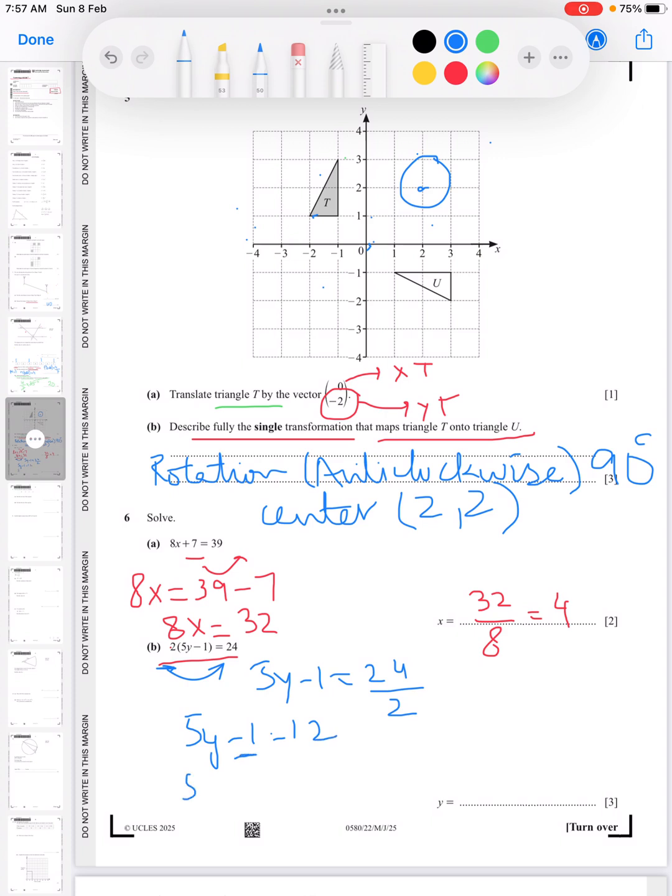Here minus 1 is subtracting, so when it moves to the other side it will add. So 5y equals 12 plus 1, and we get 5y equals 13. Again 5 is multiplying, so when it moves to the other side it will divide. So you get y equals 13 divided by 5, and this is the answer.